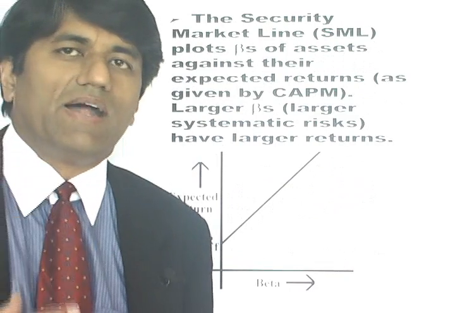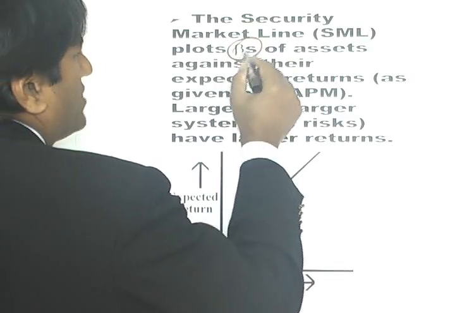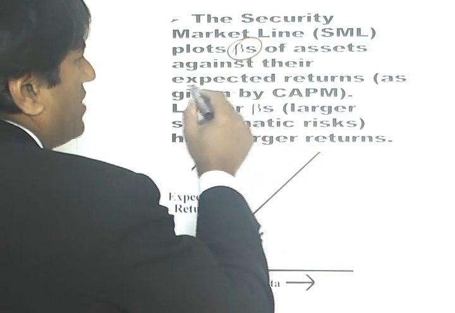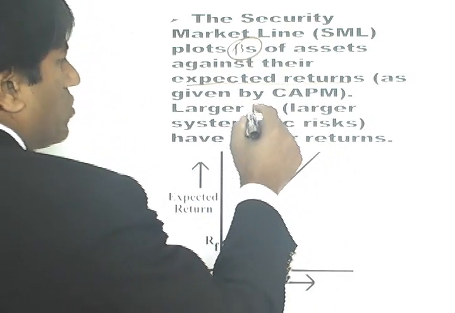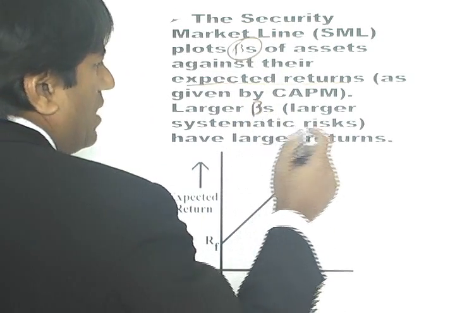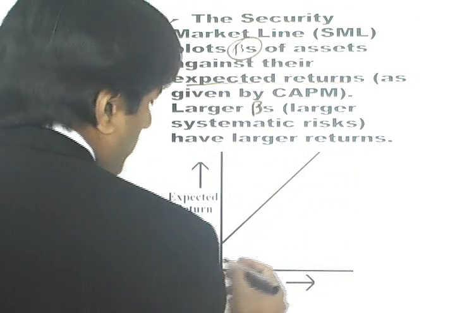The security market line is a plot of betas of assets against their expected returns according to CAPM. So larger betas will have larger systematic risk and therefore will have larger returns.